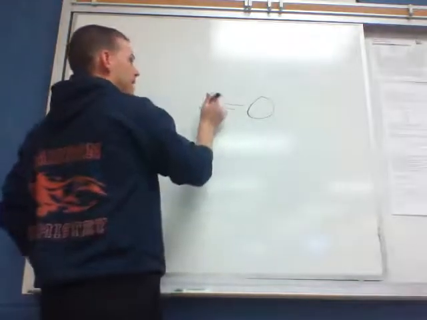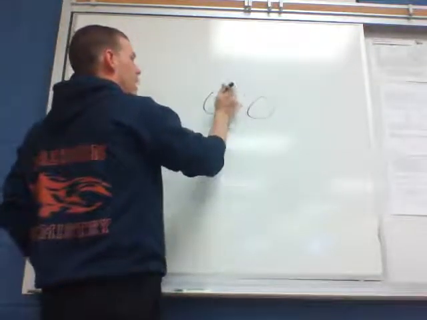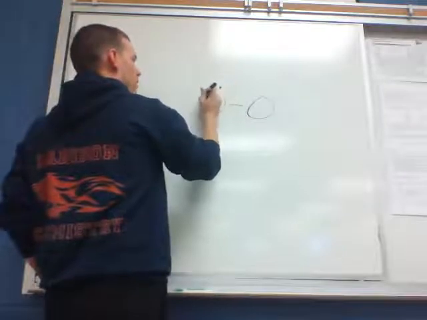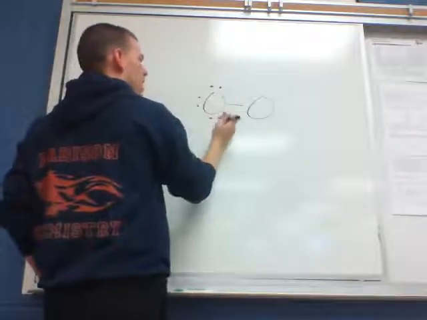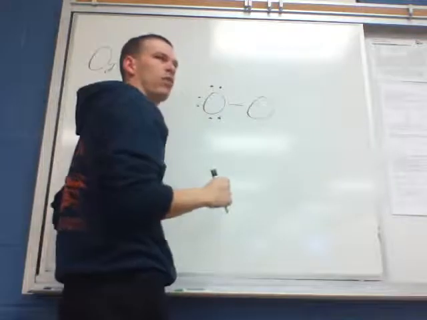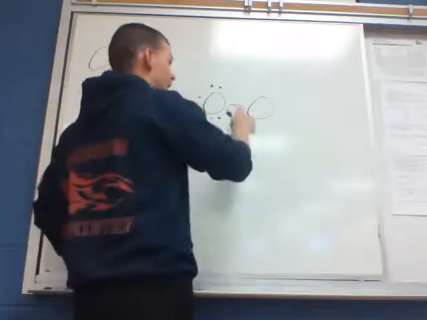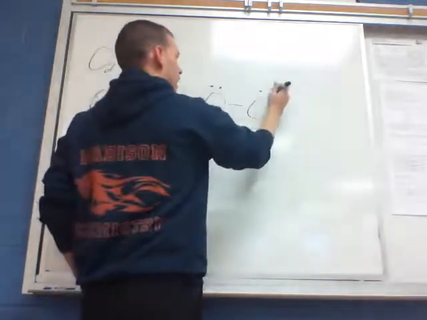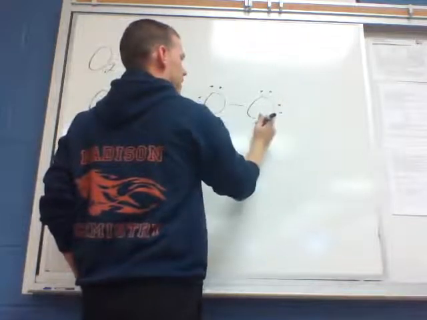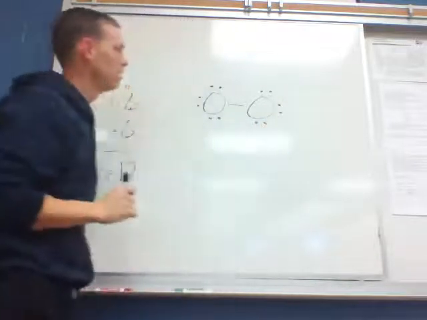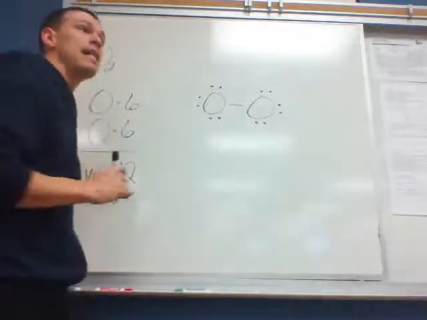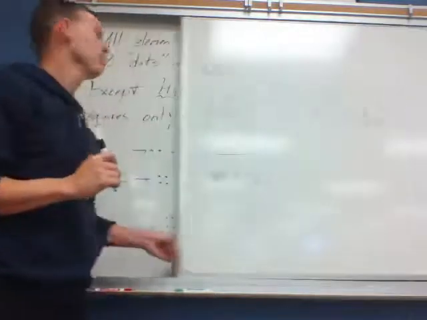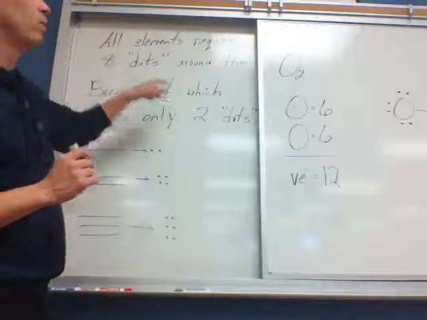How many more dots does this oxygen want? He wants 6 more. I'm going to give him those 6. How many more dots does that oxygen want? 6, because right now he's only got 2. 3, 4, 5, 6, 7, 8. Now, each oxygen satisfies this rule.